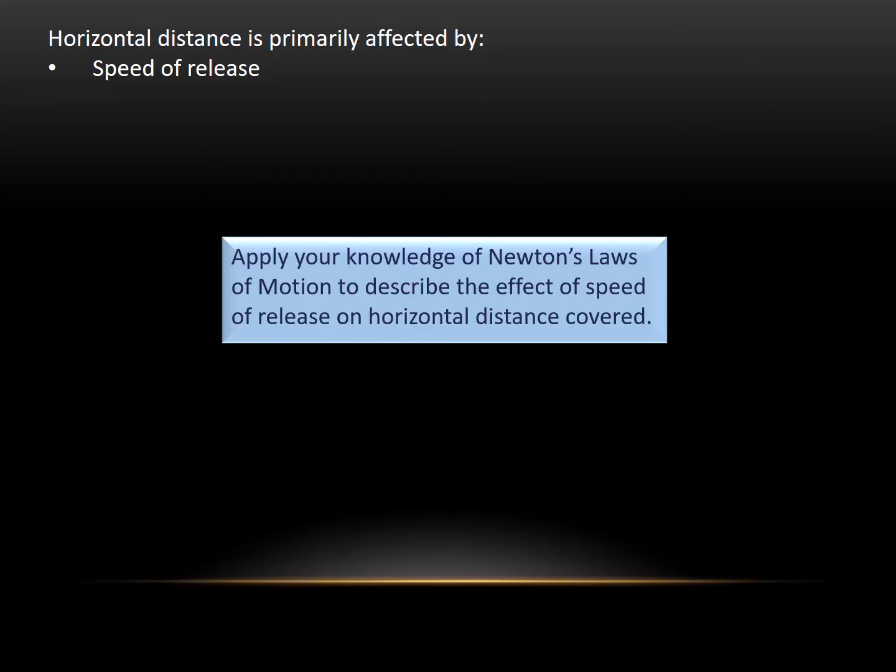Okay, so what did the golfer do to get the golf ball to travel a long distance? Well, if we think about Newton's laws of motion and relate to the second law of motion, a body's rate of change in momentum is proportional to the size of force applied and acts in the same direction as the force applied.